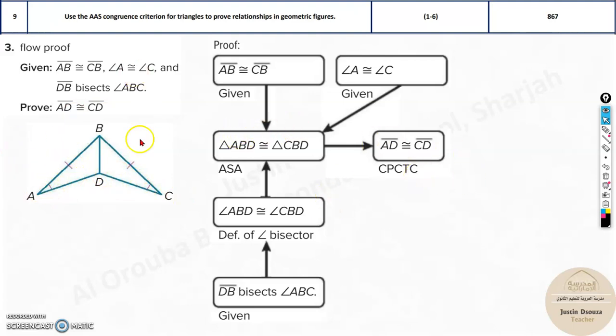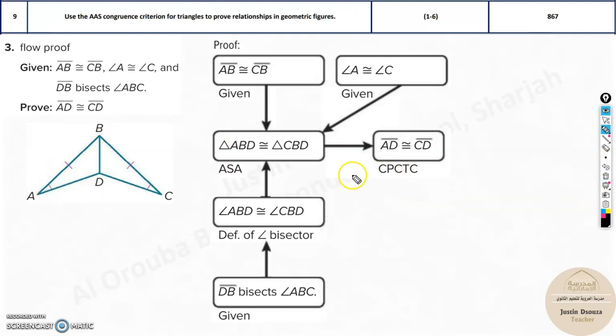Now, if we prove two triangles are congruent, then all the parts are congruent. This is CPCTC. What does that mean? It means congruent parts of congruent triangles are congruent.